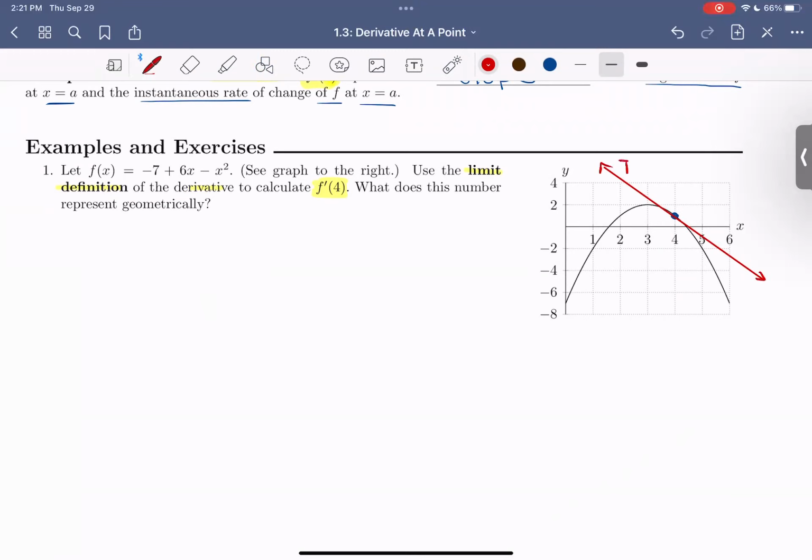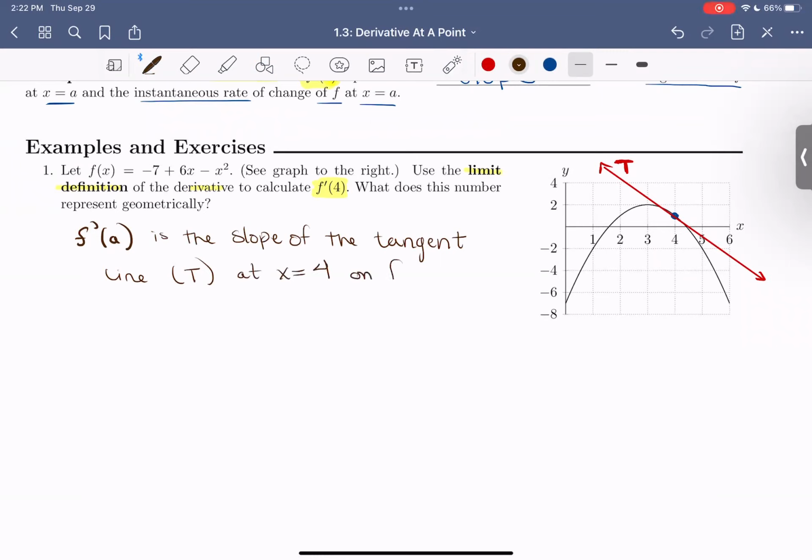I could call it T for tangent line. So this f prime of A is equal to the slope of the tangent line, which we'll call T, at x equals 4 on my function f of x.